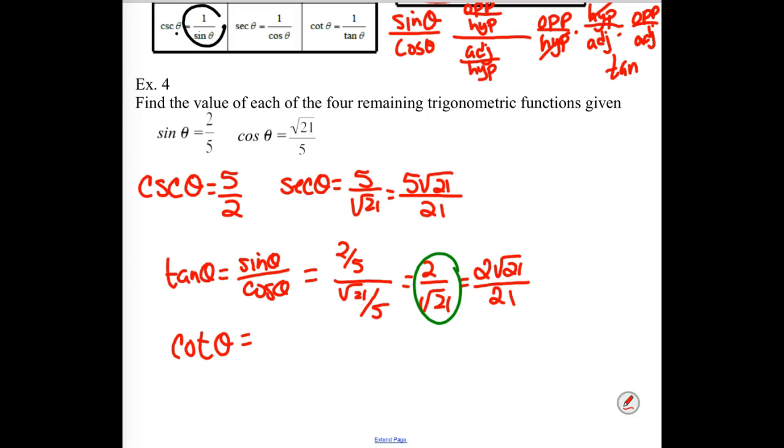If you flip over the one we rationalized, you're going to create a square root in the denominator, which means you're going to have to rationalize it again. So 2 divided by the square root of 21, we flip that. We'd have the square root of 21 divided by 2. Questions on using that quotient identity to figure out a trig function?